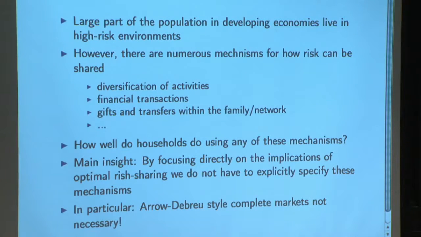So the idea in this paper is forget enumerating all the mechanisms. You're likely to miss one anyway, and the measurement might be really bad. Let's just look at the outcomes. The null hypothesis, if risk sharing were perfect, what would you expect to see in consumption and income data? I think this style of work, although nowadays it's not only accepted, it's highly utilized all over the place.